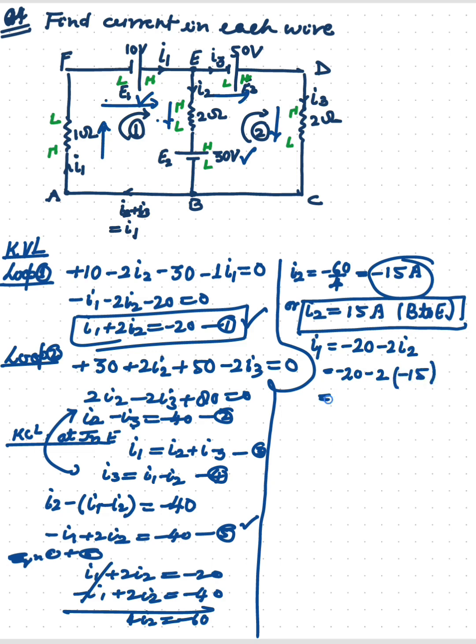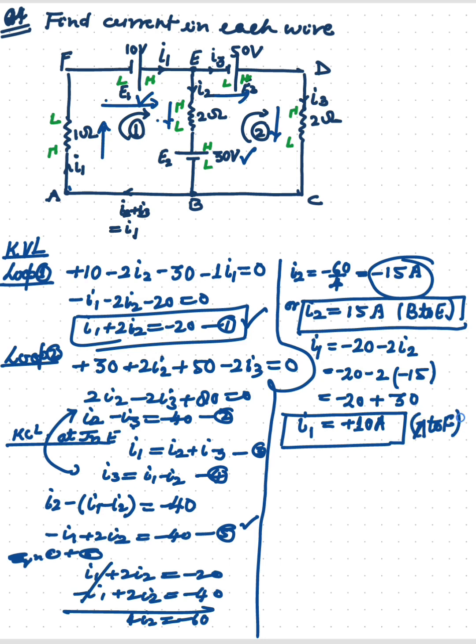So this is what, minus 20 and plus 30. So what we are getting? We are getting plus now. Okay, plus 10 ampere. We are getting plus 10, a positive value, then that means our pre-assumed direction of the current is correct. So our pre-assumed direction is A to F, we assumed, so this is correct. A to F.